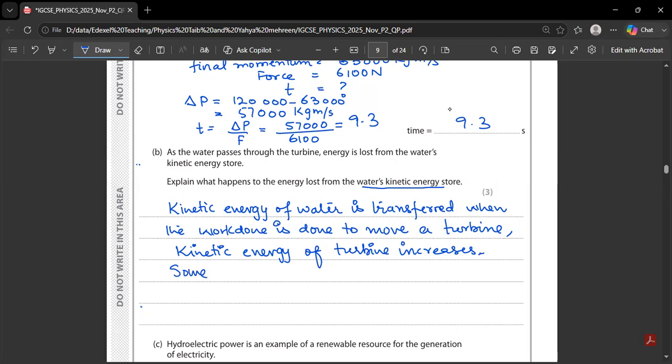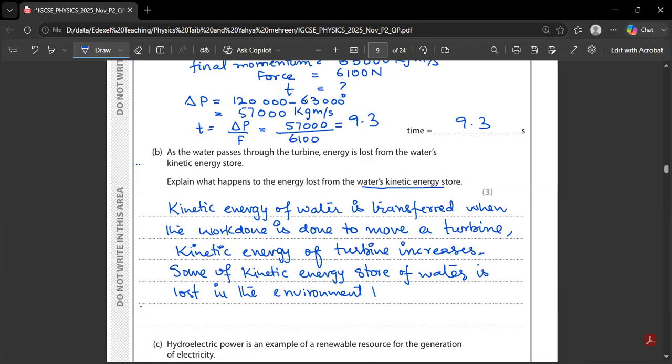Some of the kinetic energy store of water is lost in the environment, or we can also write surroundings, in the form of heat, right? Is this clear? Everything is clear?